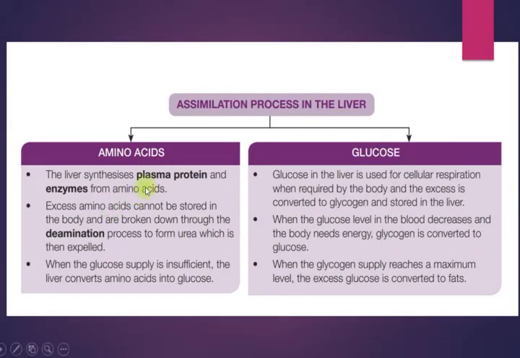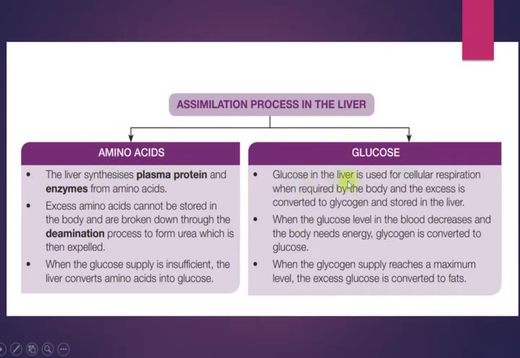Now let's go to the assimilation process in the liver. We are going to discuss the assimilation of carbohydrates, which refers to glucose, and also the assimilation of amino acids, which means protein. We go to glucose first.